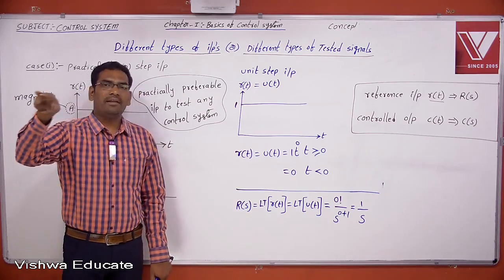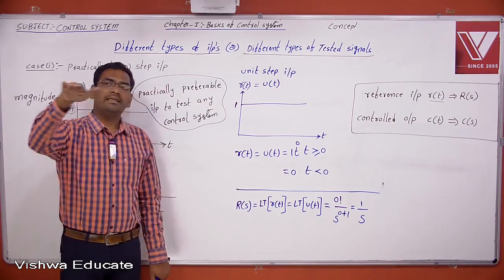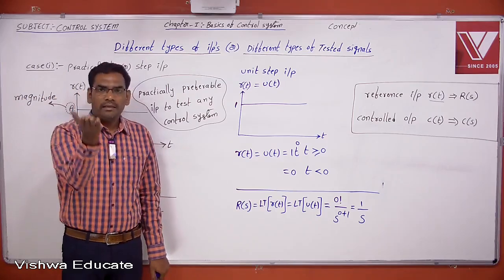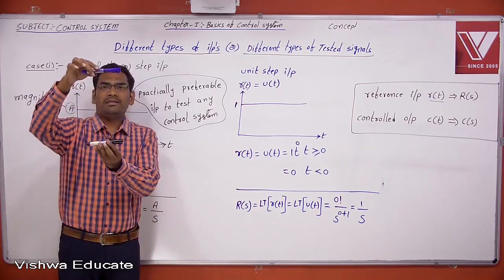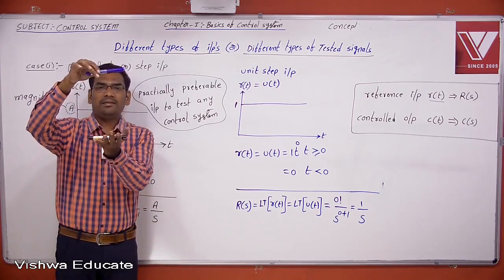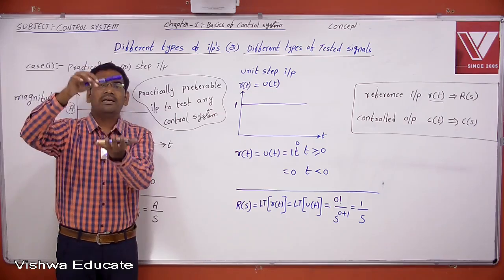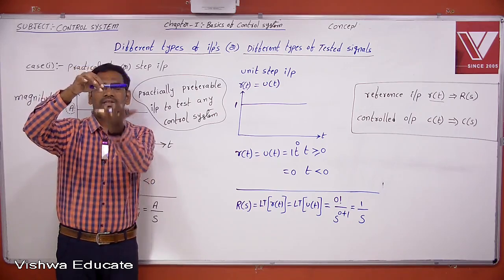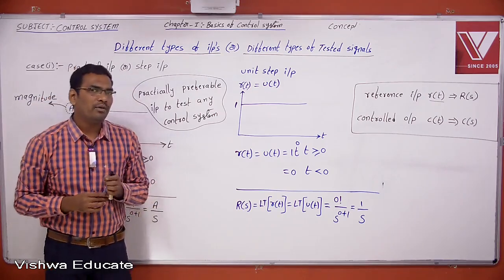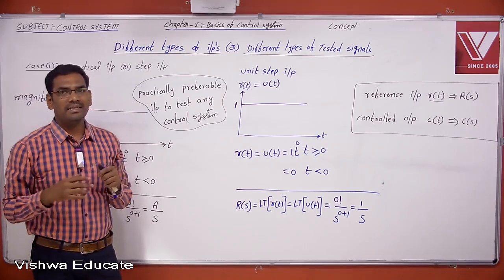The reference level for pass percentage is 40 marks, let us assume. That 10 marks is compared with the 40 marks. How much is the deviation? A large deviation of 30 marks is nothing but the error. Then what do we do? You work hard and go to the next exam.